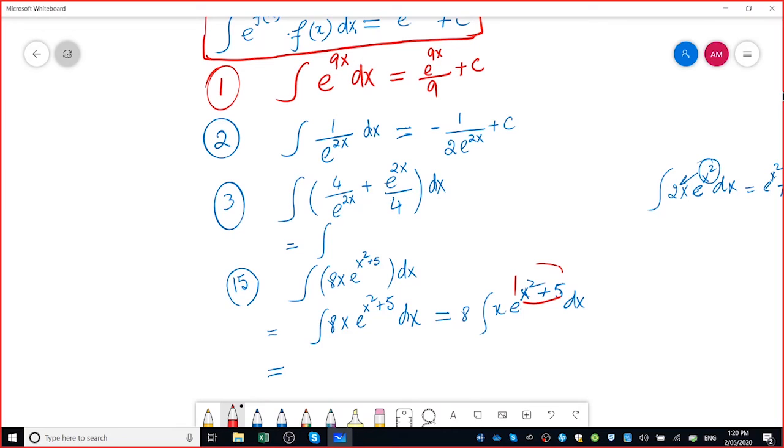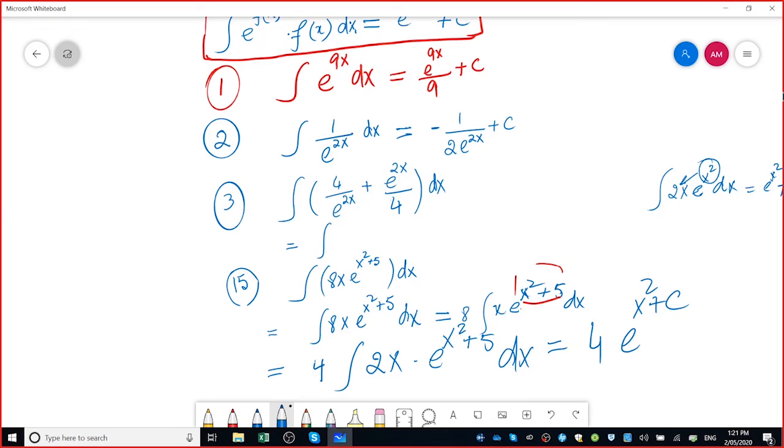So we would just do 4 into 2x into e to the power of x squared plus 5 dx. So what is the answer then? 4 e to the power of x squared plus 5, plus c. Don't forget c.